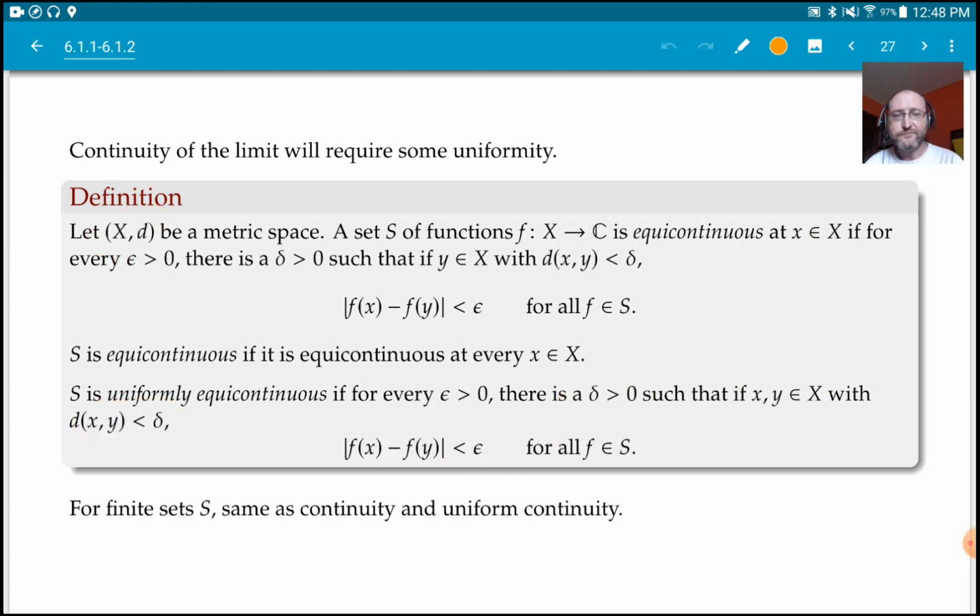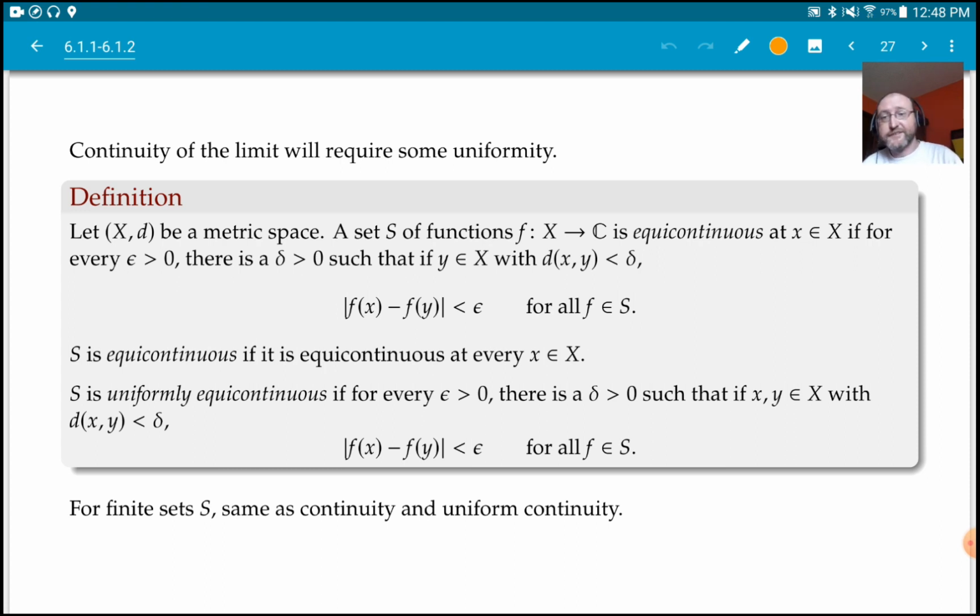Now, if S is a finite set, then it's a fairly easy exercise, maybe. This is the same thing as continuity and uniform continuity. So a finite set of functions is equicontinuous at a point if they're all continuous at that point.